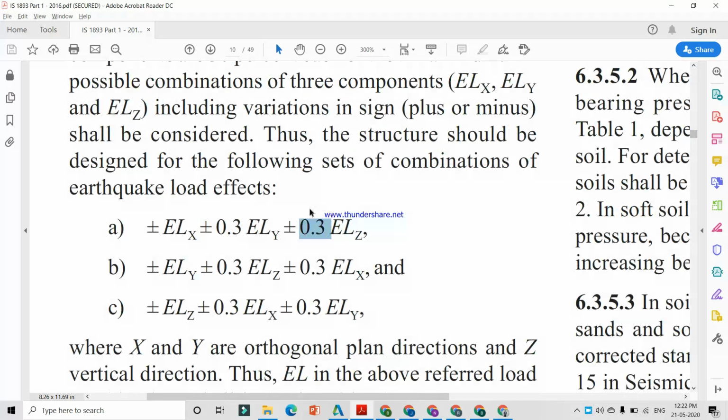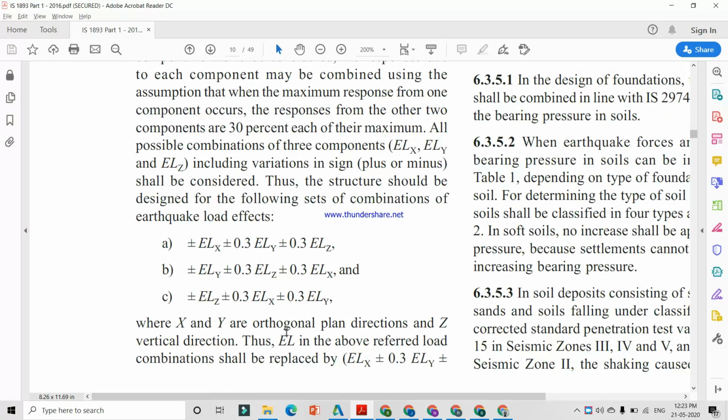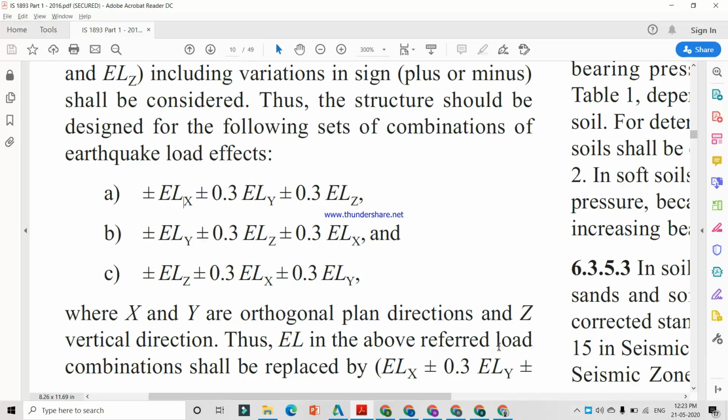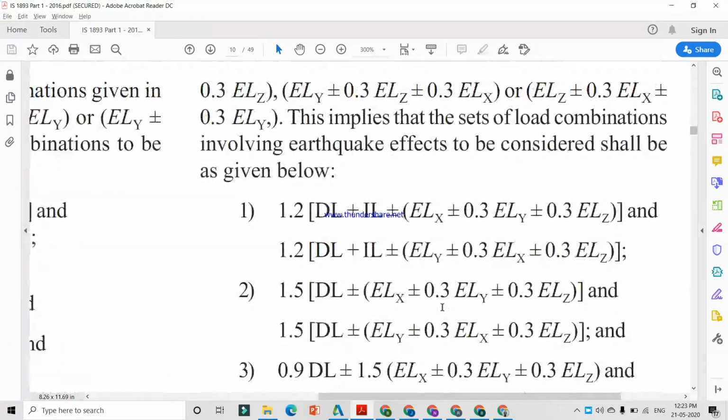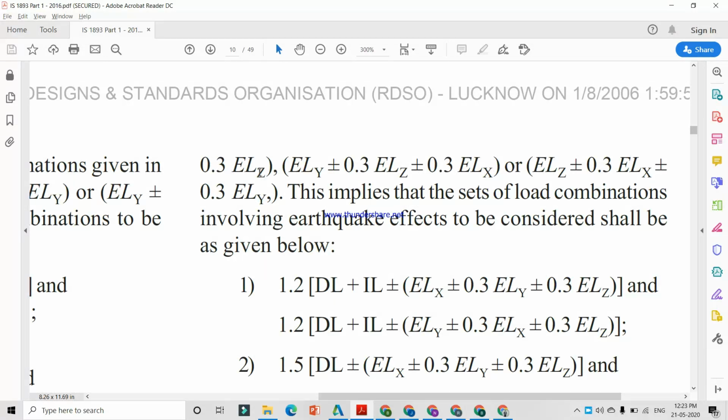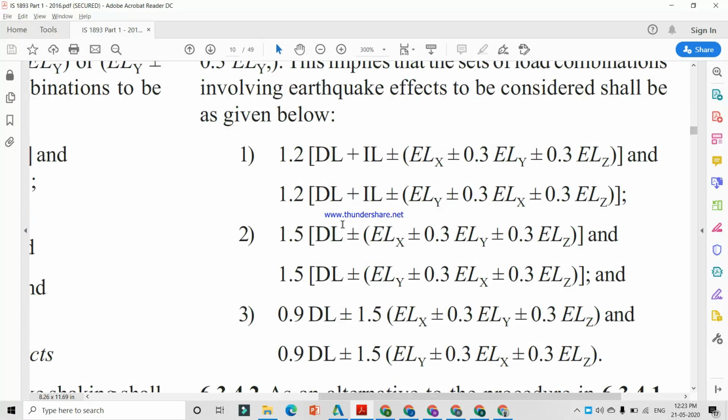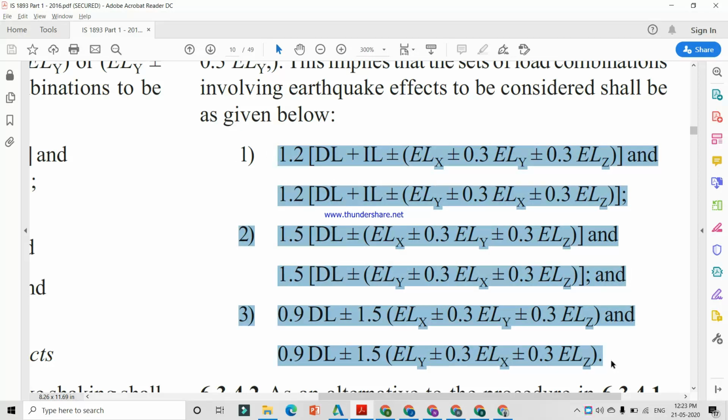That means 30% of the maximum ELX and ELY and ELZ and 100% of ELX, and these are all the combinations you have to do, where x and y are the plan directions and z is the vertical direction. Thus EL in the above reference is replaced with ELX plus or minus 0.3 ELY and ELY plus or minus, these are the combinations. So the final combination for the three components looks like this.